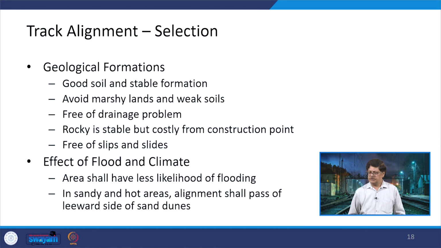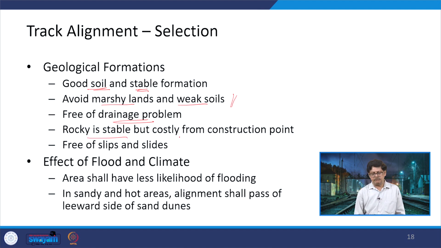Another consideration to be taken care of is geological formations. Geological formation means we have to look at the strata. The strata should be stable. We should avoid marshy lands or weak soils. We already said that yielding formation should not be there. It should be free of drainage problems as far as possible. In some cases, if it is not, then we have to construct extra features.